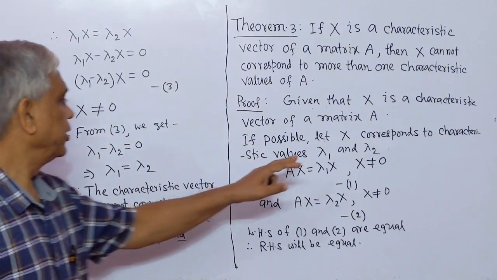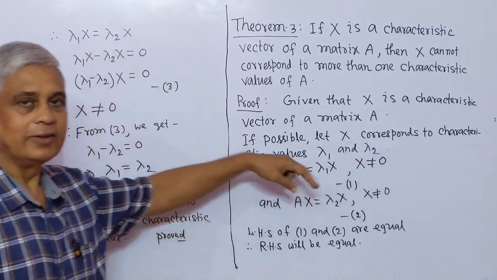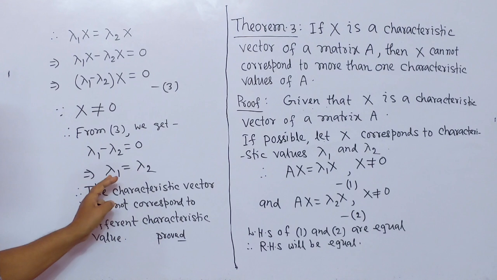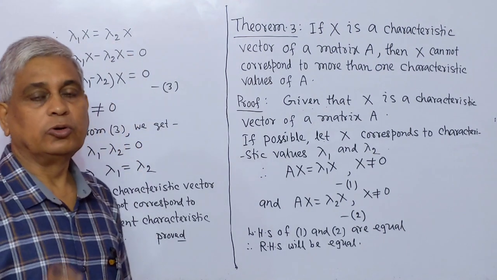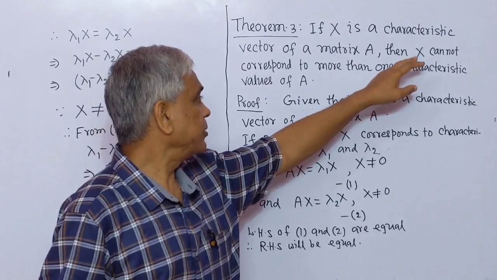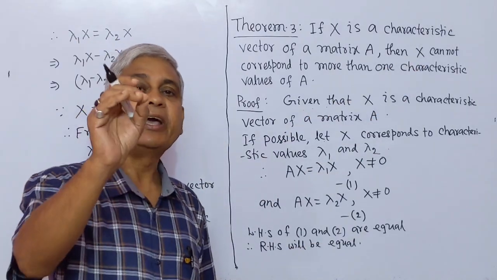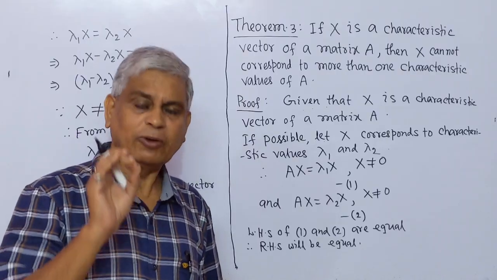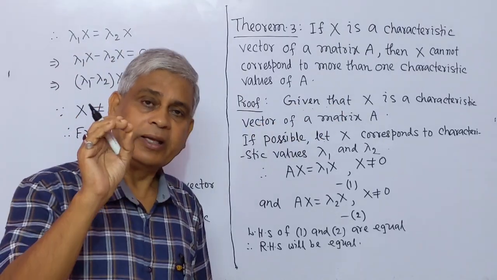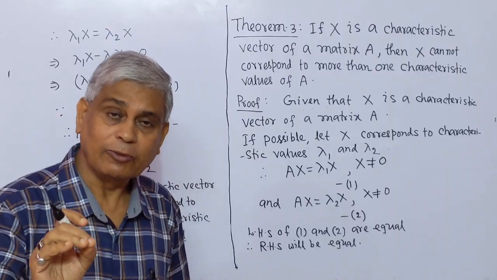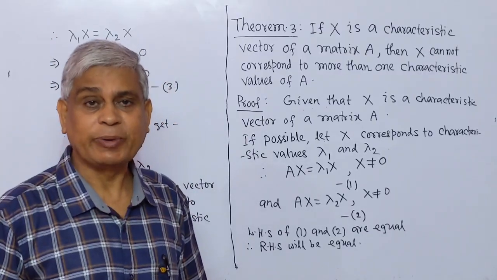If we consider lambda 1 and lambda 2 different, then ultimately we get that lambda 1 equal to lambda 2. So any characteristic vector cannot correspond to more than one characteristic value. In the previous theorem, we have seen that any characteristic value may correspond to more than one characteristic vector.